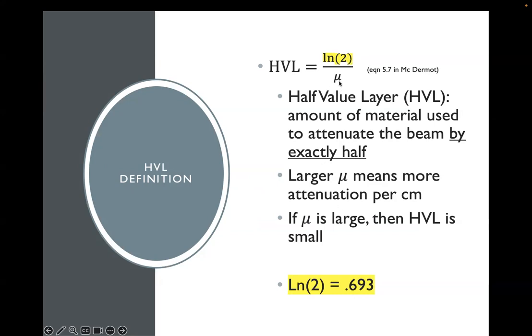If you're given the linear attenuation coefficient, you would divide 0.693 by the linear attenuation coefficient, and we would get the half value layer. And remember, the half value layer is the amount of material used to attenuate the beam by exactly 1/2.